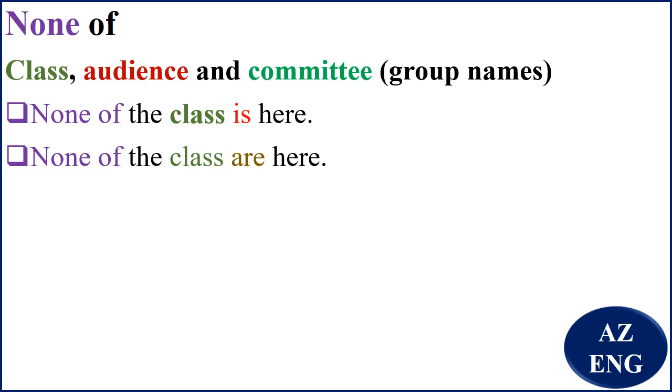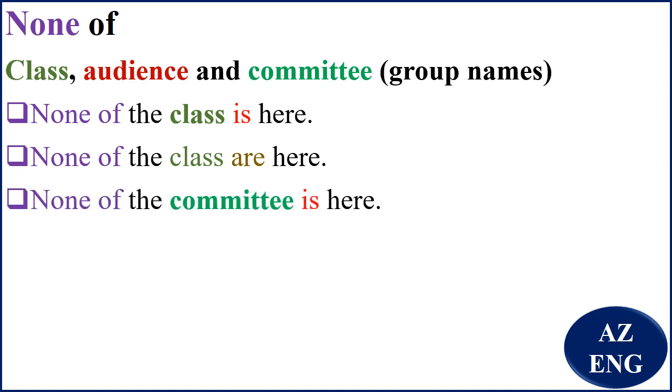You remember class, a group of students. You should be able to say a class of students, a galaxy of stars, an army of soldiers. All of these names are group names. So none of the class is here. You are talking about the students. None of the class are here. It's the students you are talking about. You say none of the committee is here.